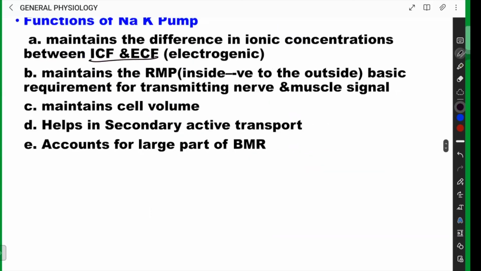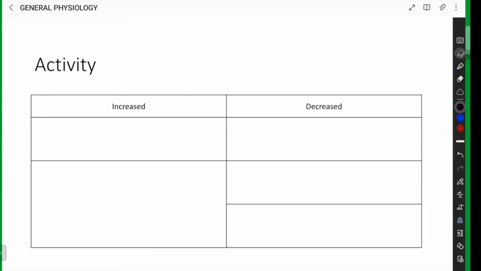Now tell me how this activity is going to increase. The activity of ATPase is increased by, number one, thyroid hormone. When there is more synthesis of thyroid hormone, there will be more activity of your sodium potassium ATPase. Second is insulin, which is going to increase the activity.